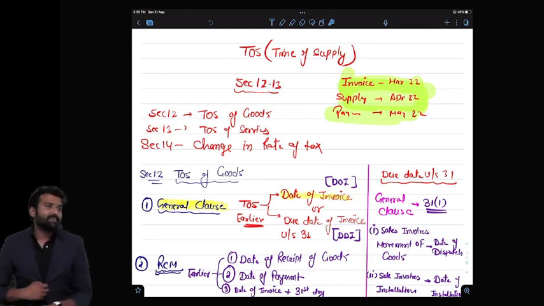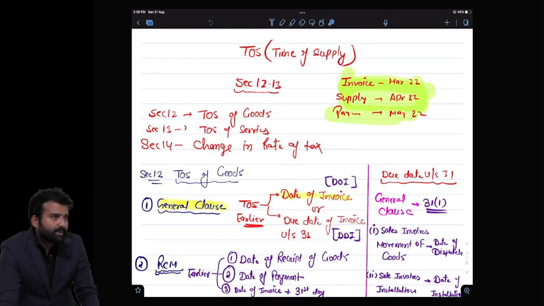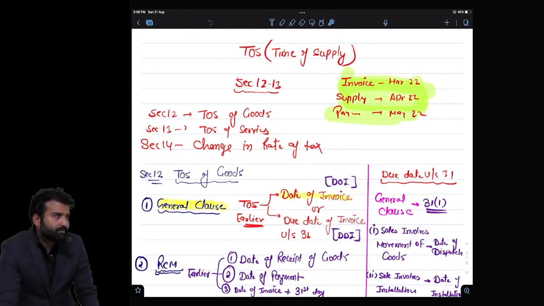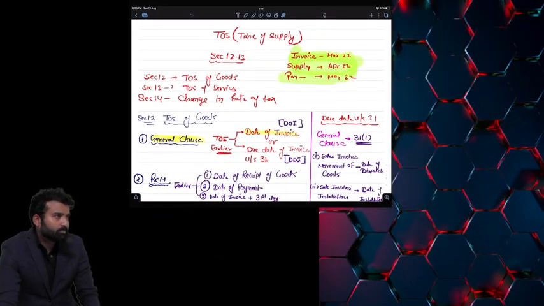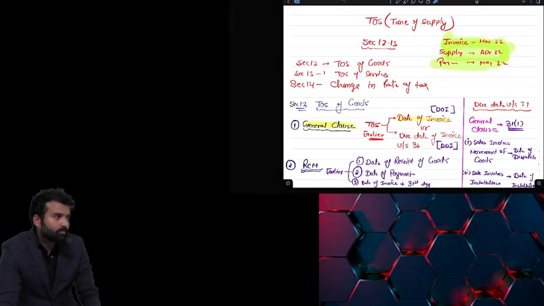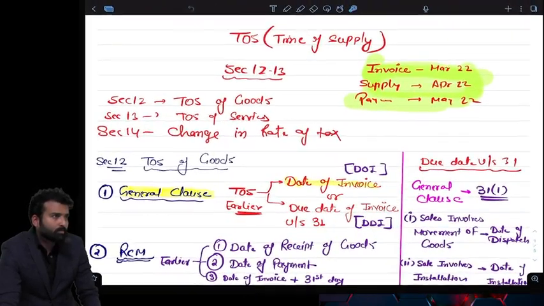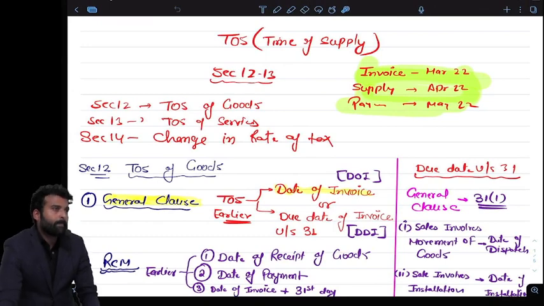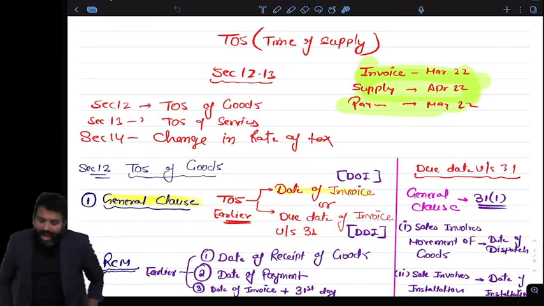Okay, nice. Now we are starting with another topic, and that topic is time of supply. I am zooming the screen so everybody can see this topic. Listen. For time of supply, I created a table.